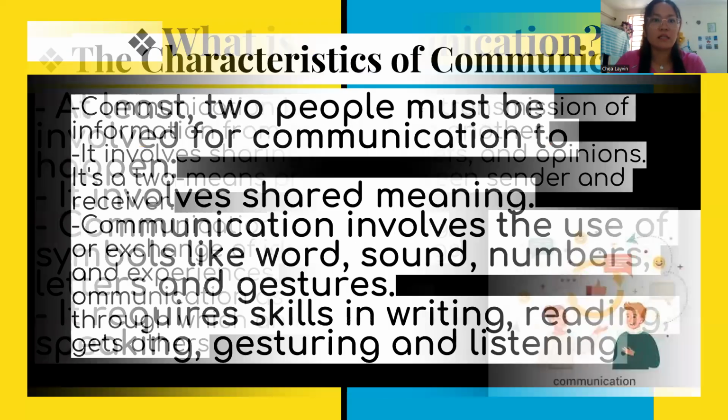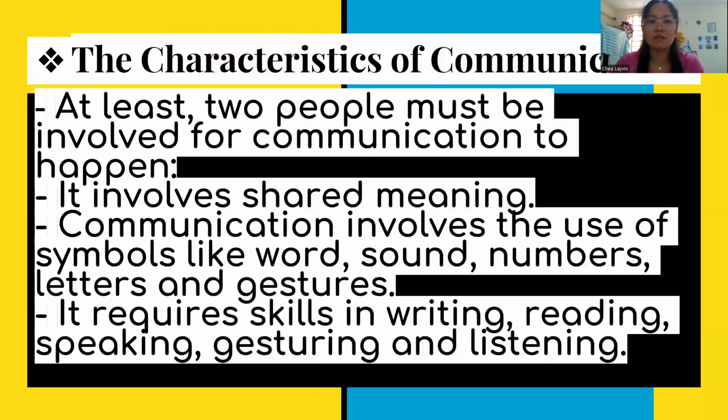Next is about the characteristics of communication. At least two people must be involved for communication to happen. There cannot be one person communicating, because that means we talk to ourselves, and that's not called communication. One person sends the message and the other person receives it.